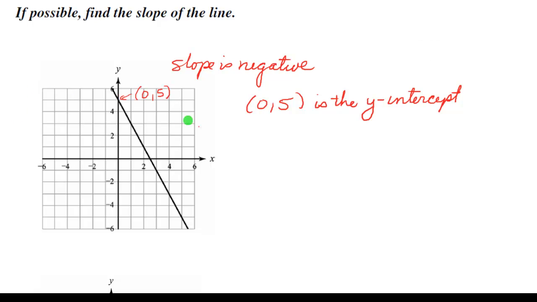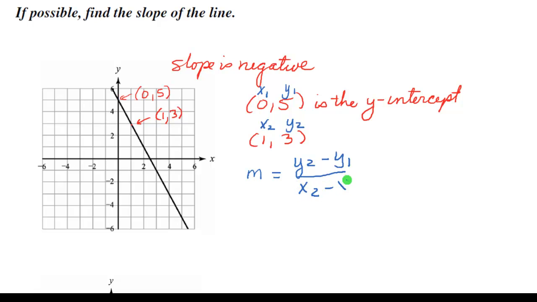And now let's pick another point. Let's see, this one right here looks like there's no fractions. This one is the point (1, 3). So (1, 3) is another point. Now you could have used any 2 points on this line, but when possible, pick nice points with integer coordinates. Alright, there's my (x1, y1), (x2, y2), and you could have switched those two. You'll get the same answer.